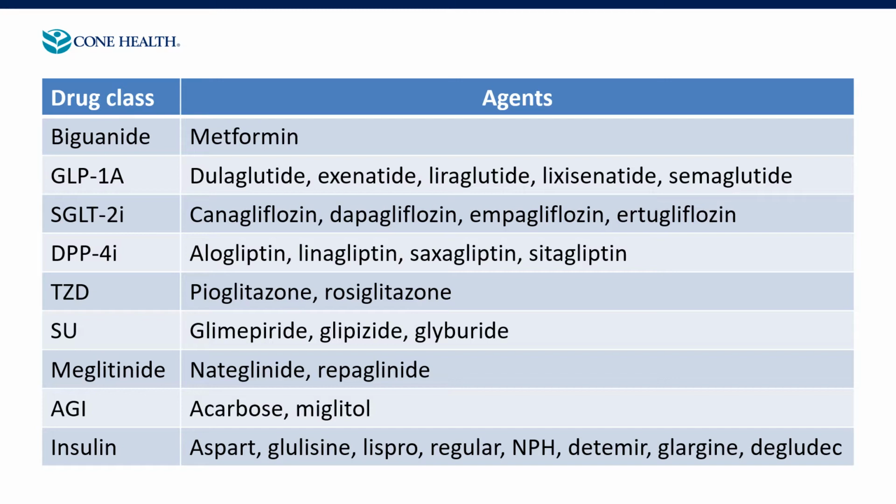It can also be helpful to recognize some patterns. Mainly, a lot of these have the same ending or suffix within the same drug class. For example, GLP-1s all end in tide. However, brand names are more commonly used with a lot of these, as many are only brand name, so you'll need to be able to recognize those as well.